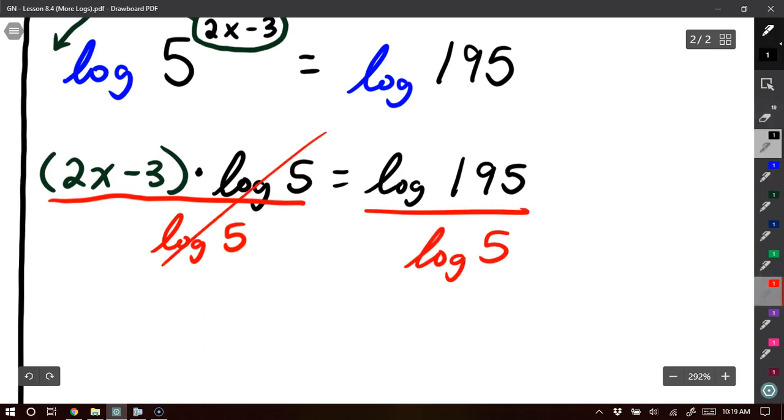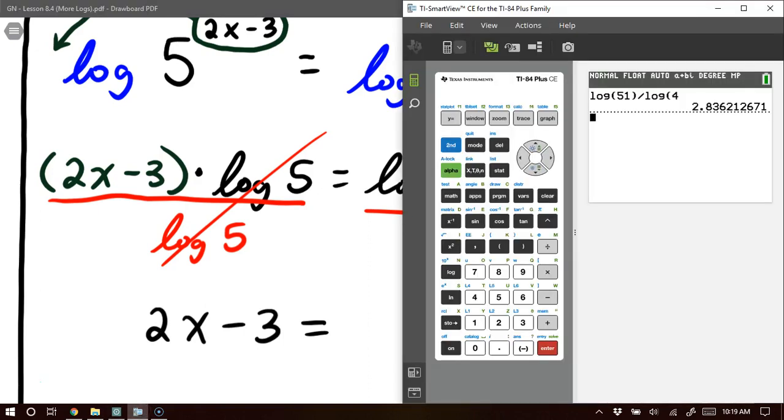And that would cancel it out here. So I'm left with 2x minus 3 equals, in this case, I'm going to use my calculator. It was log of 195, close the parentheses, divided by log of 5.